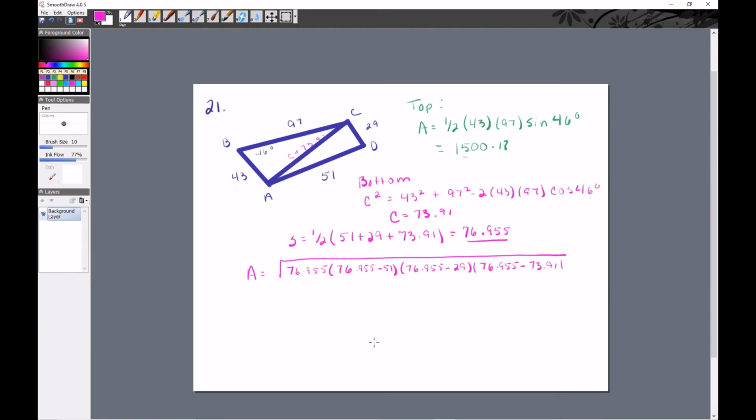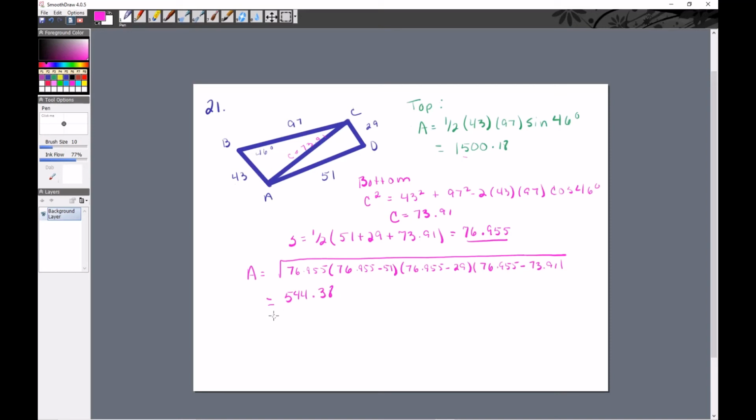So there you go. When you get done with this, do all this multiplication and subtraction and whatever, and take the square root, that's going to give you about 544.38 or so.